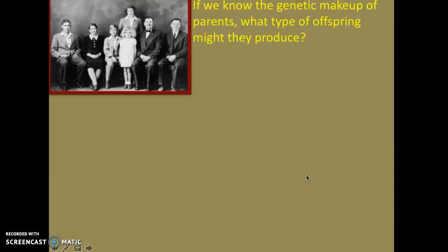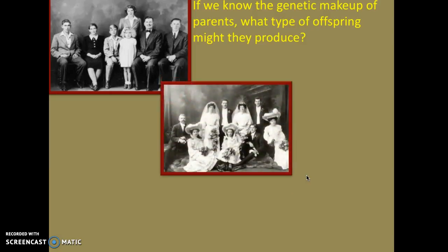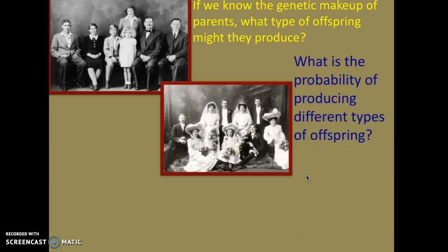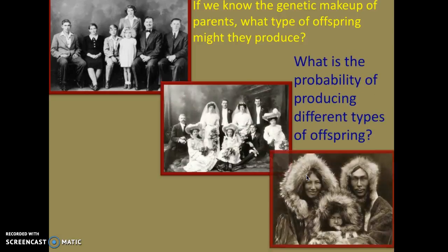All right, so if we know the genetic makeups of the parents, what type of offspring might they produce? This is the first question that we were really trying to work on and answer using genetics. You've already done a little bit of this stuff. We just have to get it slightly more formalized. So what is the probability of producing different types of offspring?